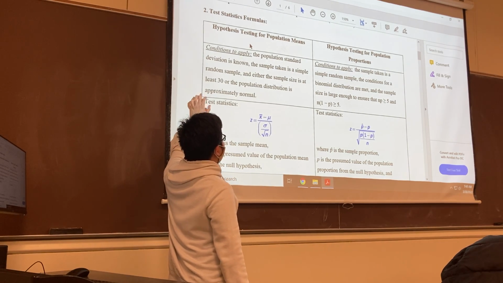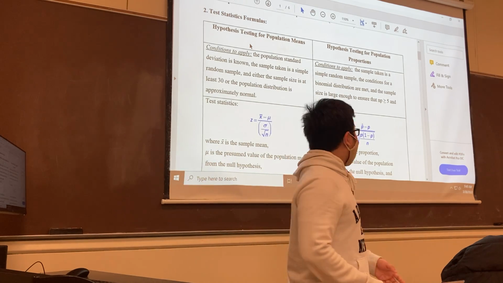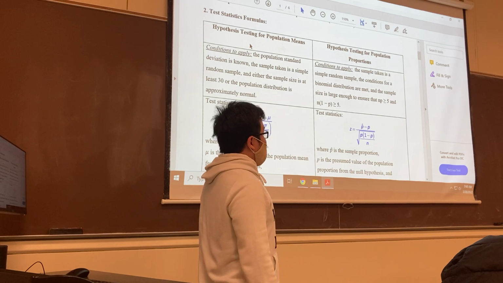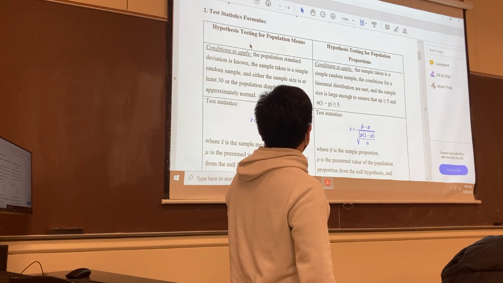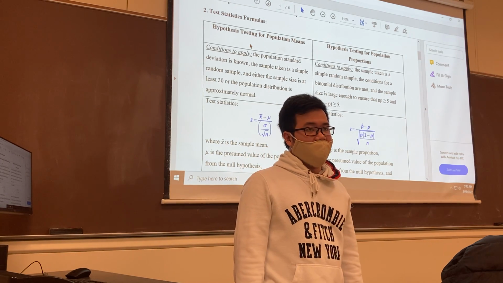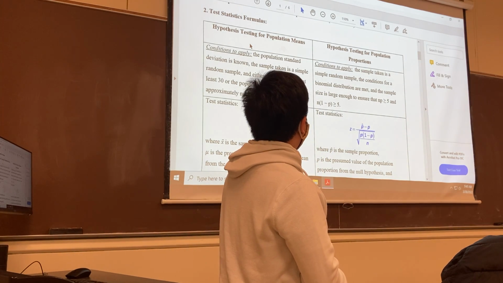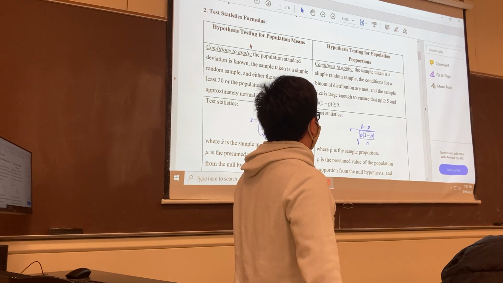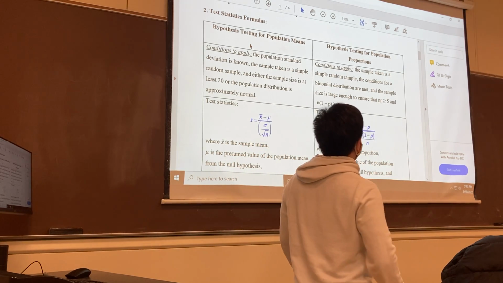Okay. Regarding the hypothesis testing for population mean, you have the condition here. In this one, you have to know the population standard deviation, and the sample taken is a random sample. Okay, and the sample size is at least 30, right? Okay, that is the condition for the population mean. And similarly for the population proportion.